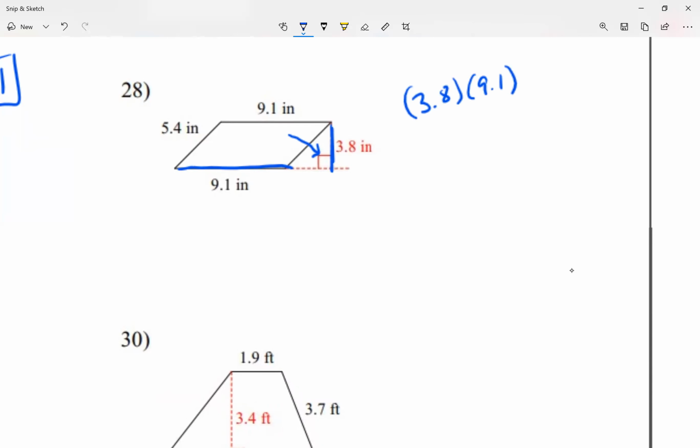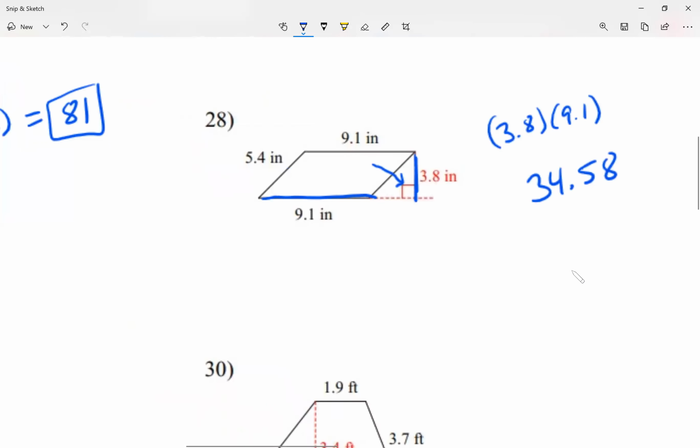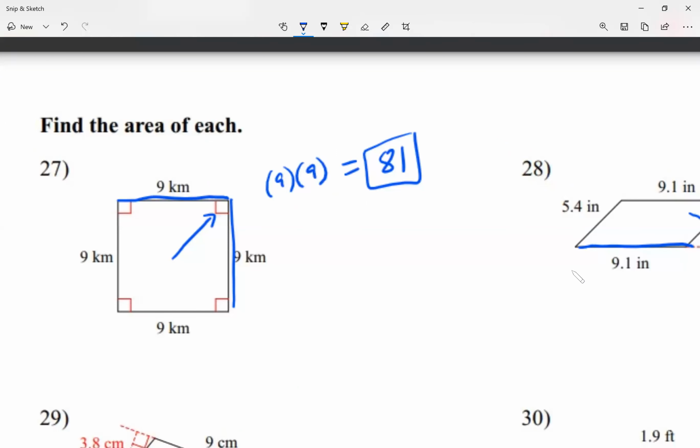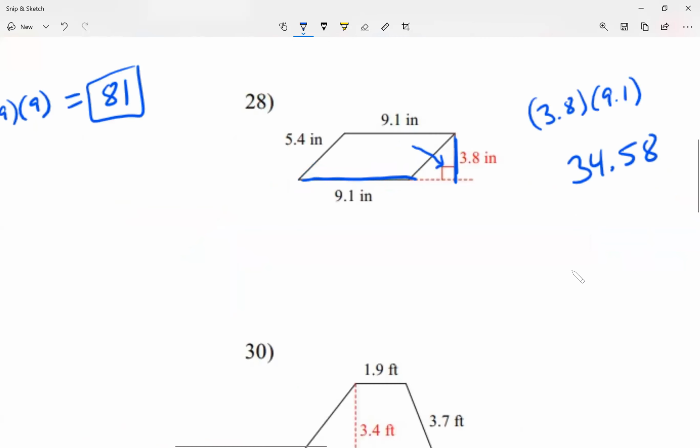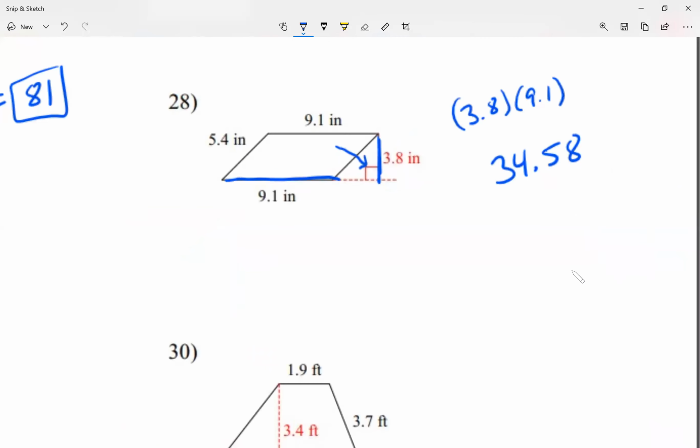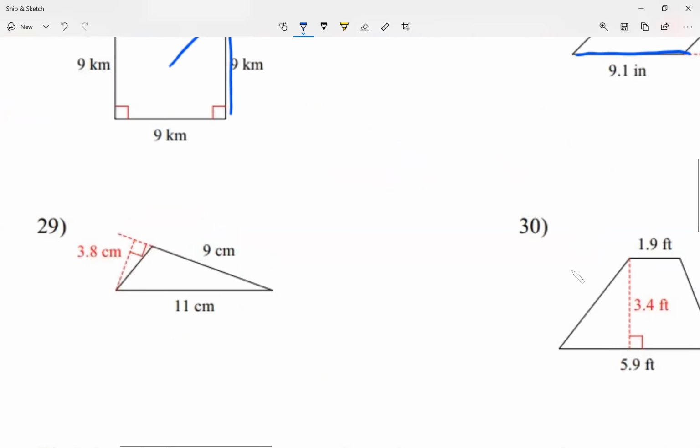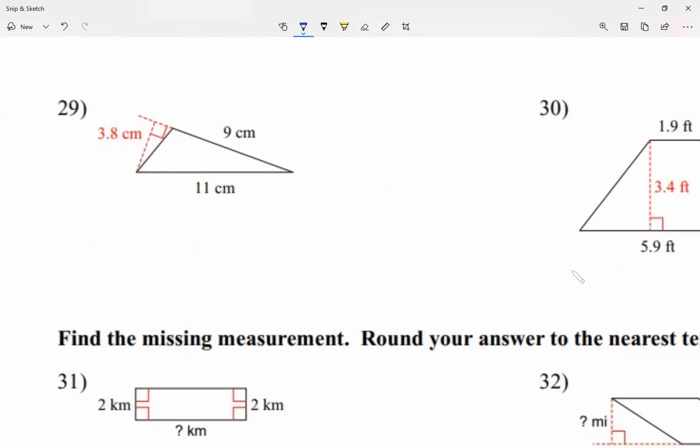And I get 34.58. My instructions, it just says find the area. It doesn't say anything about rounding, so I'm not rounding. If it said round it to the nearest tenth, 34.6.